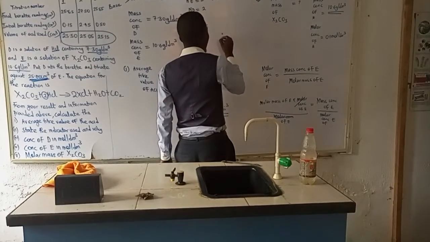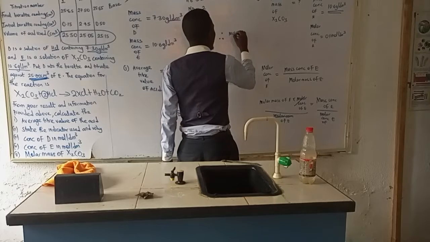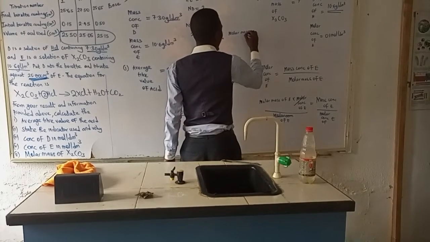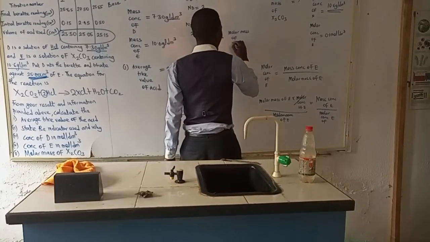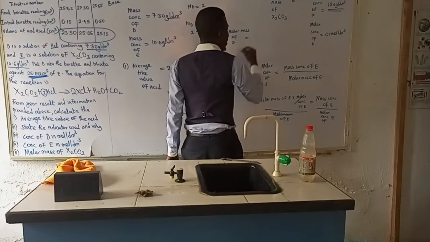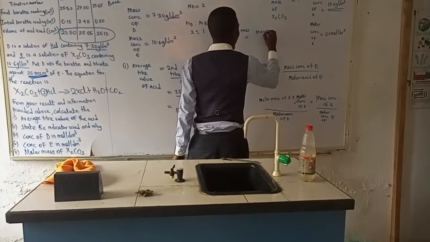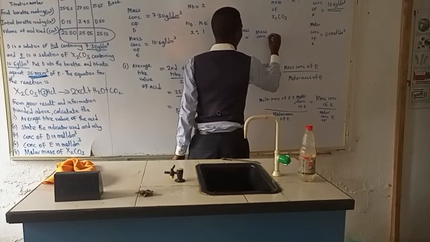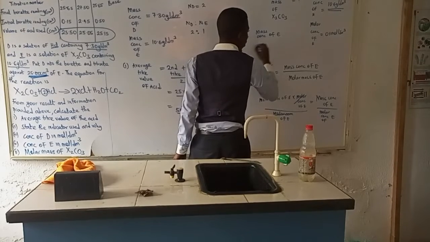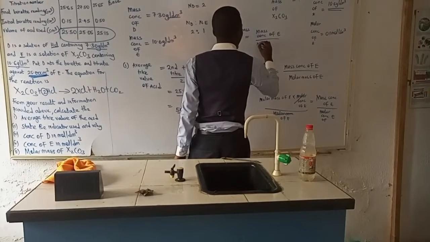So therefore, molar mass of E will now be mass concentration of E over molar concentration of E.